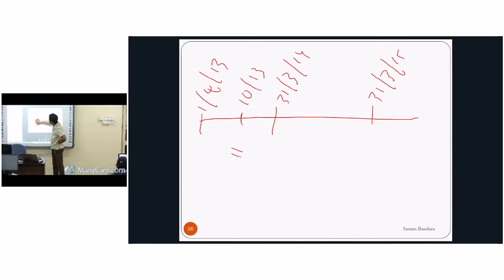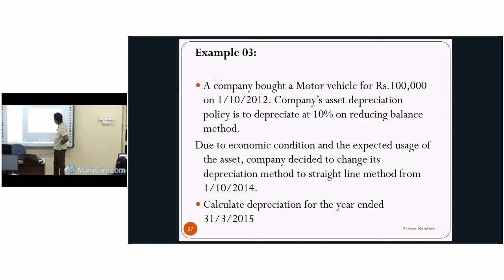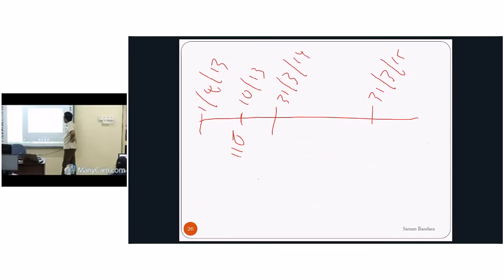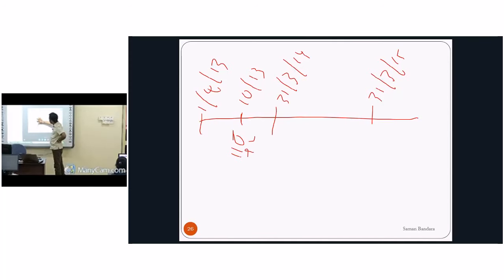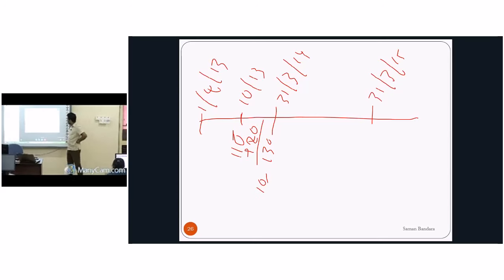It was bought for 110,000, and accessories were fixed to the machine. Then plus 20 here. We add 20 and the residual. Then total value will be 130, minus 10, divided by what?